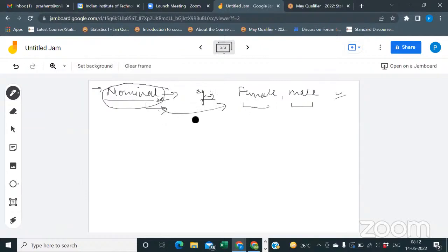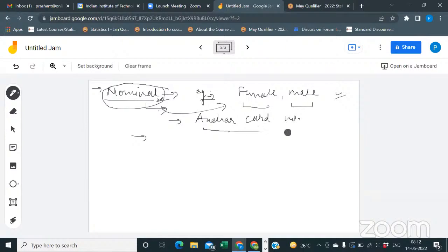Suppose I'm saying Aadhaar card number. Can you say your Aadhaar card number is greater than my Aadhaar card number? No, you can't compare, you can't perform addition or subtraction. There is no meaning to that.